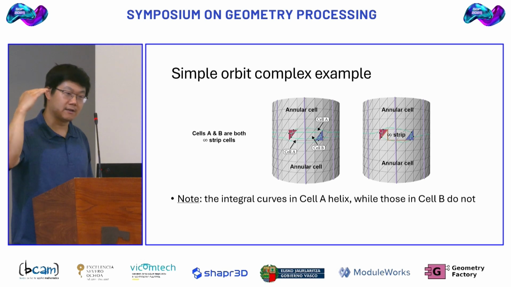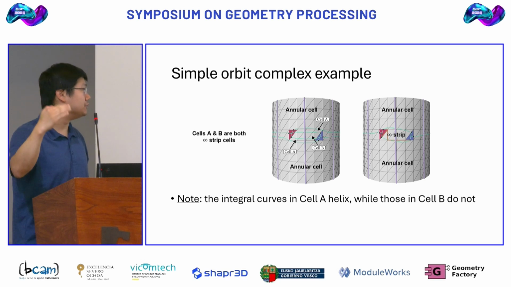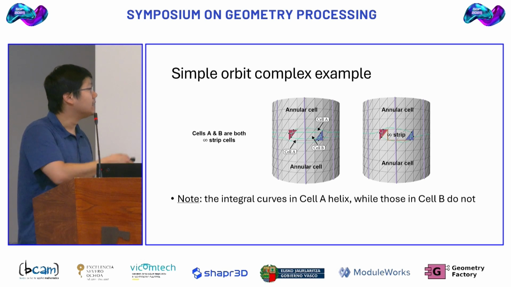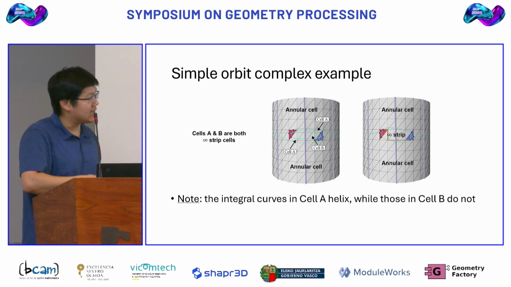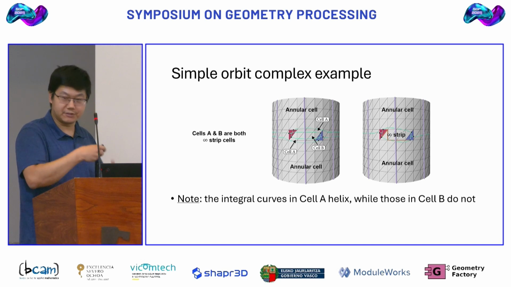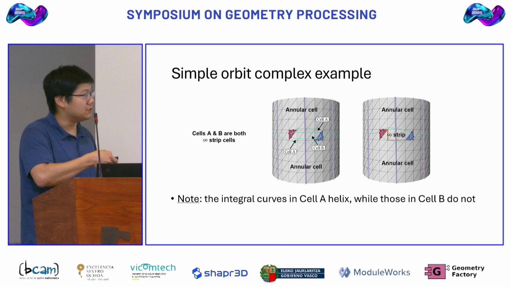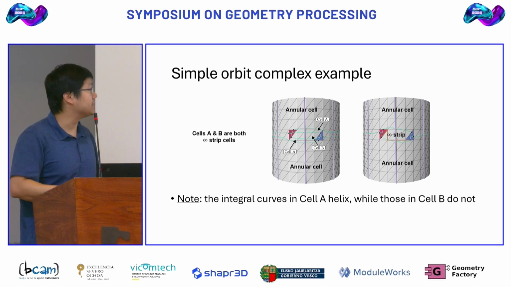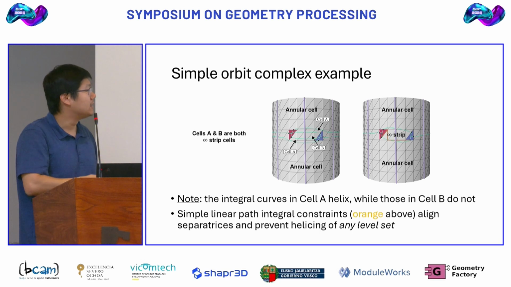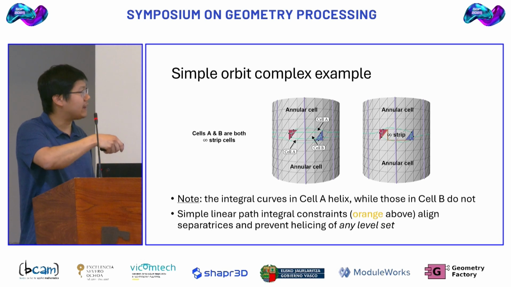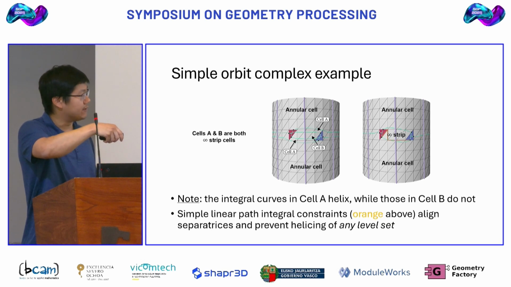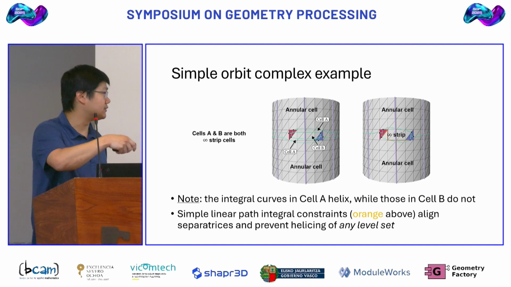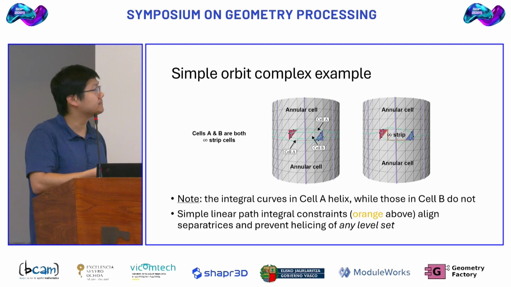If you choose the wrong integral curve to sample, you can still get helicing. In the one on the right, you can sample any one you want, and you'll still end up with something that's helix-free. You could double, triple the resolution of the knit graph, and you'll still end up with something that's helix-free. And this was in the follow-on work, the 2024 work. We again used simple path integral constraints to control this global topology and ensure that there's no helicing of any of the integral curves.